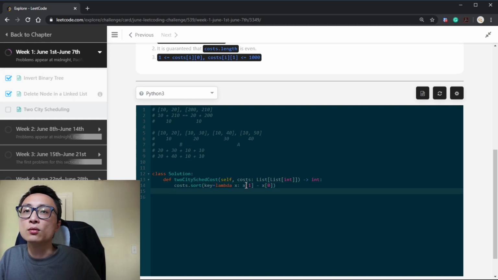Since we're looking at the savings, this difference is telling us the savings we can have by flying the person to city A. The stuff on the left is going to have less saving if we sort in ascending order and send them to city A, so as a result, we would want to send them to city B. For the second half, you will have greater savings if we send the person to city A. For that reason, we send the second half to city A.